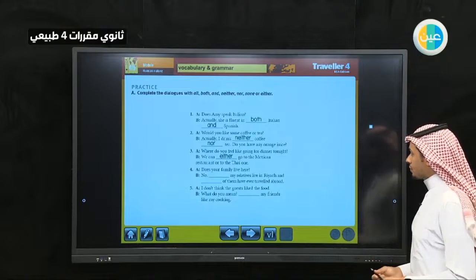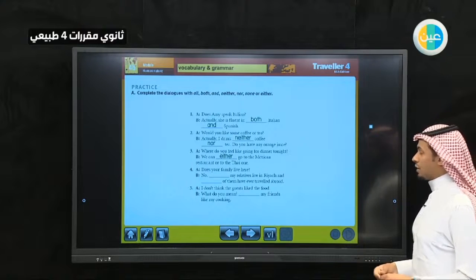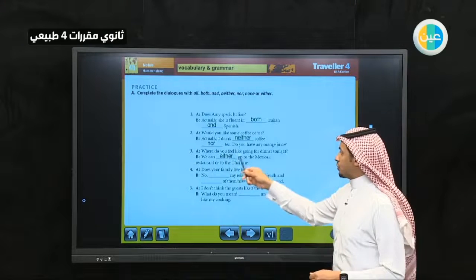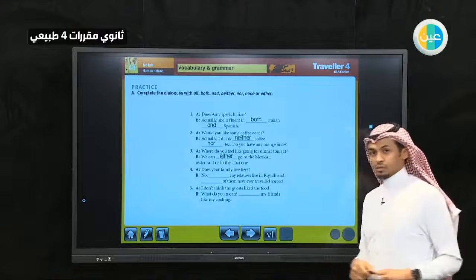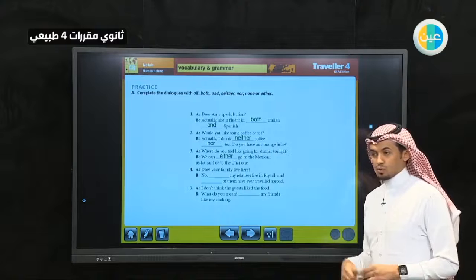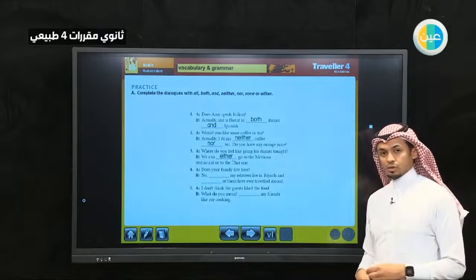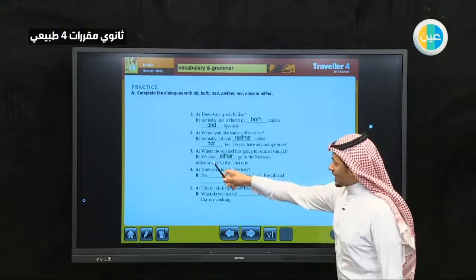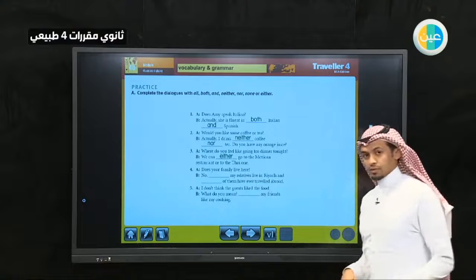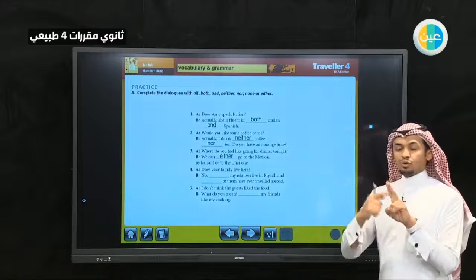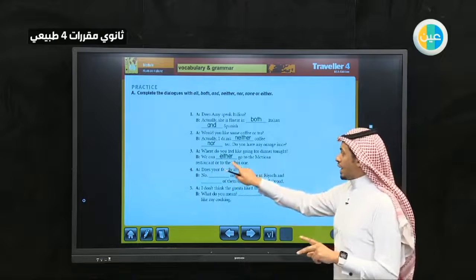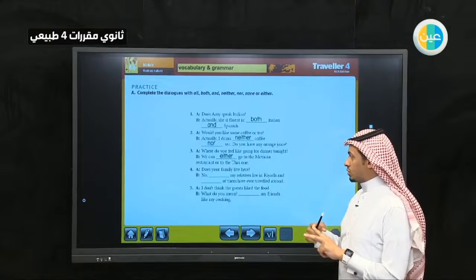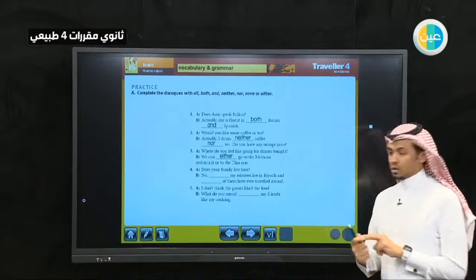3. Where do you feel like going for dinner tonight? So we want to go out for dinner. I'm asking, where do you feel like going for dinner? We can either, because we have two choices, go to the Mexican restaurant or to the Thai one.